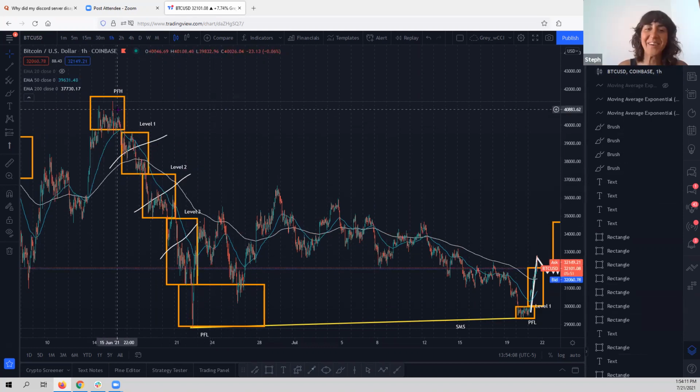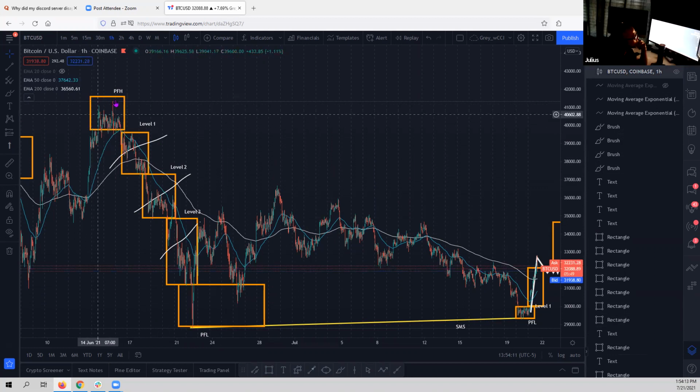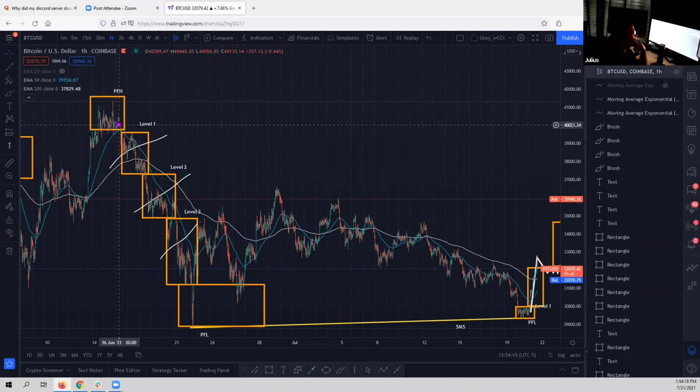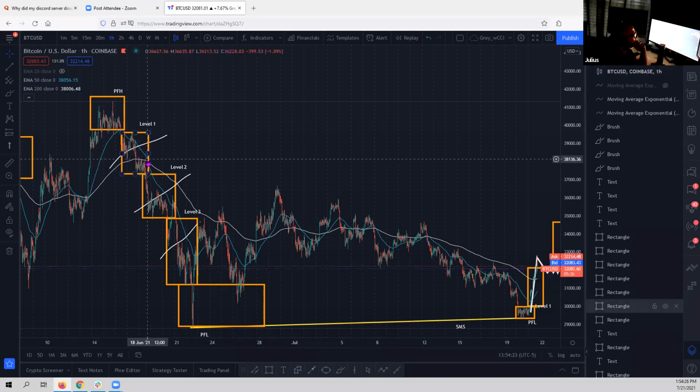Can you say it one more time though? Okay. Yep. So peak formation was also identified as the widening of the tips here. Level 1 is the crossover of the 50 and the 200 EMA. You see that?